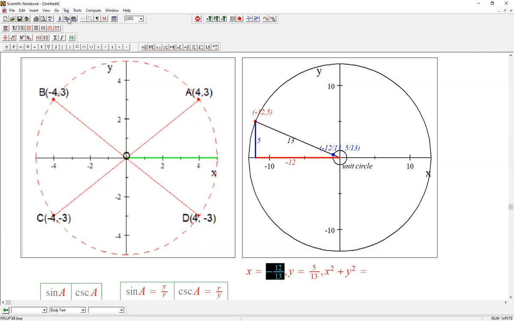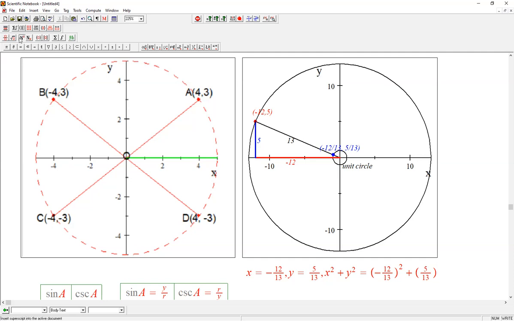So x squared, right? You just do some mathematics. Squared plus 5/13 squared. What does that equal? You can pause this video and do your calculation for yourself, right? What do you get?